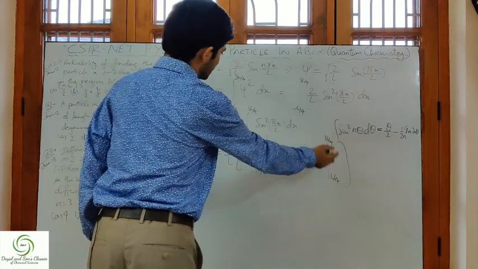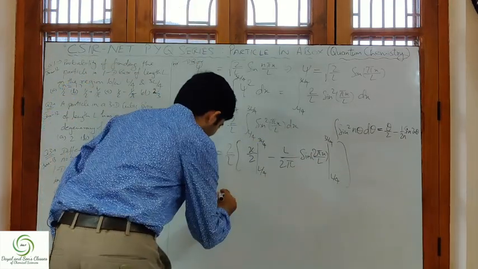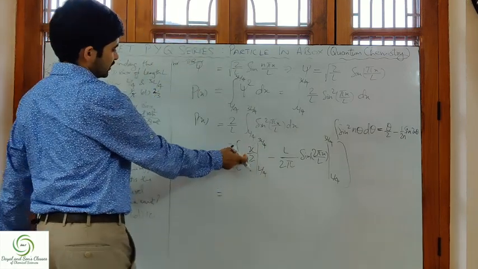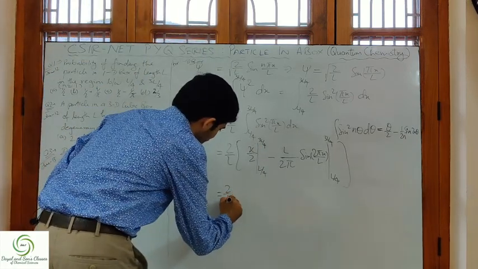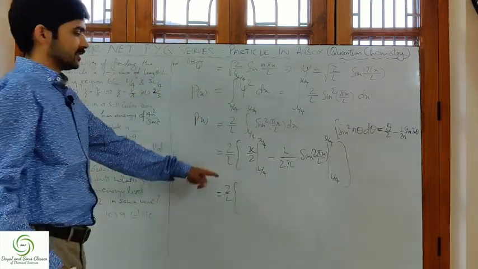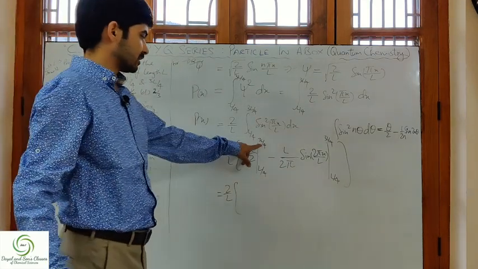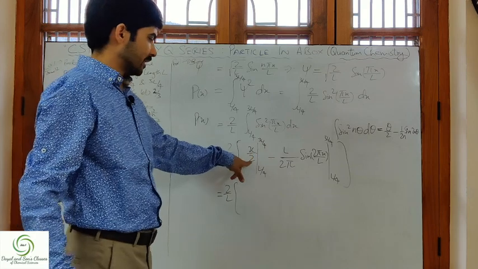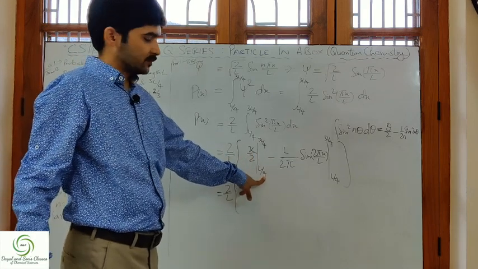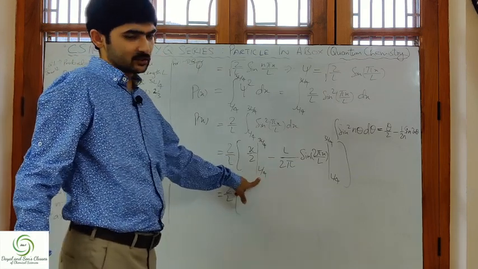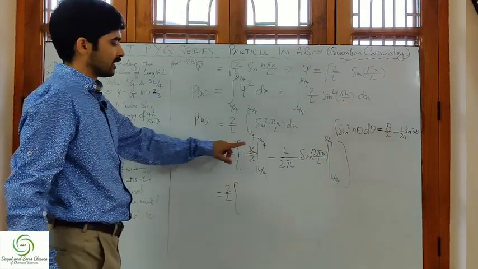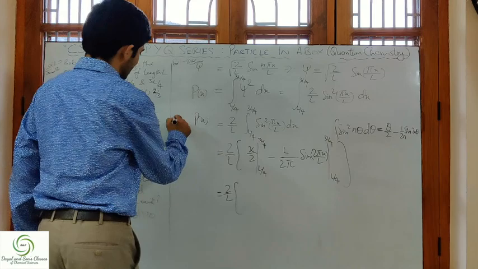Now when we solve this limit, in integration, when a limit is applied, first we put the value of x as the upper limit minus the lower limit. Now let's put 3L by 4 in place of x in x by 2.